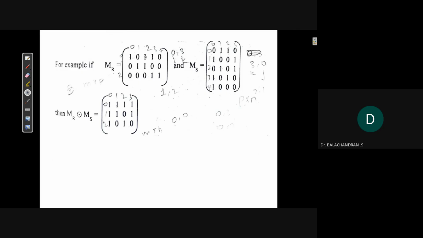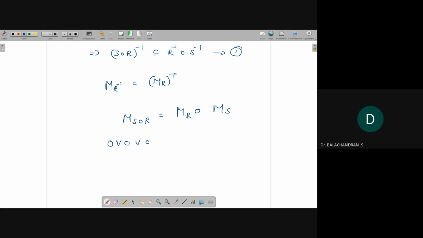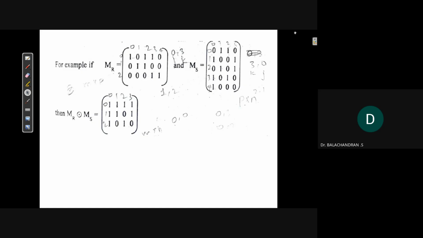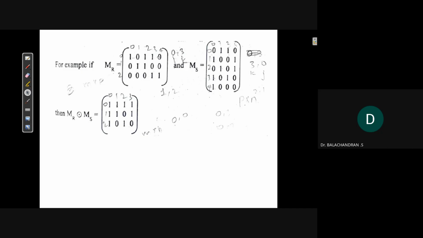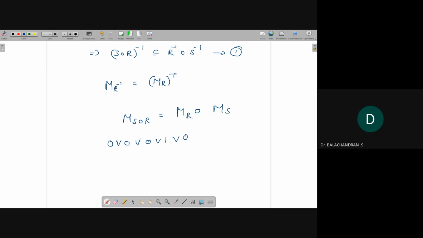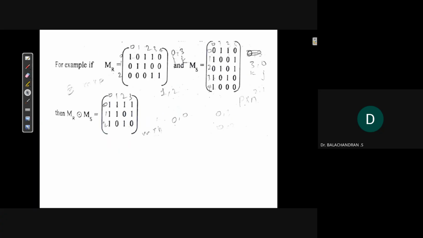And the third element, 1 and 0 is 0. Three elements are over. Fourth element, 1 and 1. 1 and 1 is 1, and then 0 and 1 is 0. Okay. So finally, this is equal to 1. So this position is 1. You can see here, this position is 1. Similarly, you can find the remaining elements.